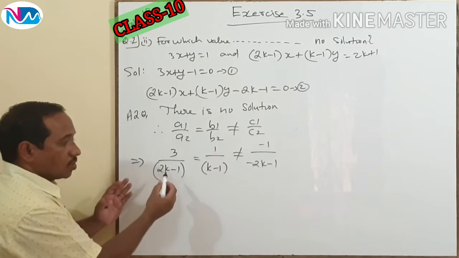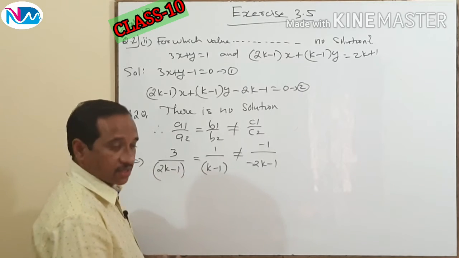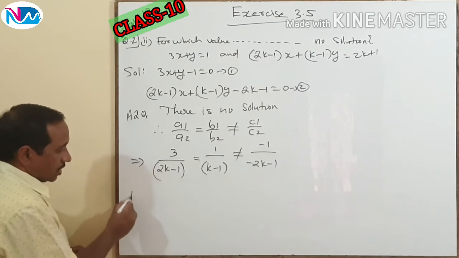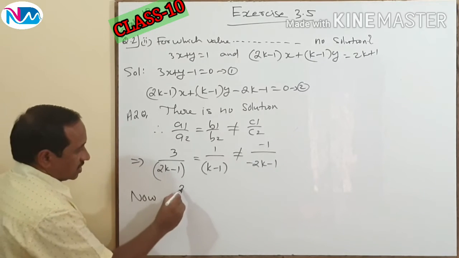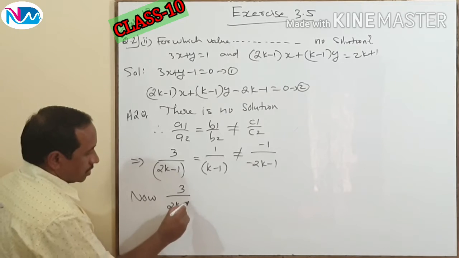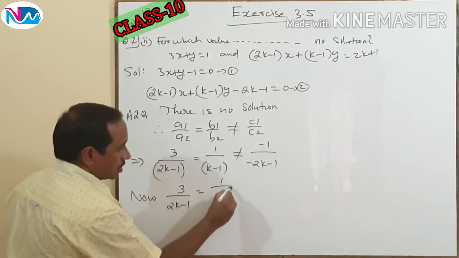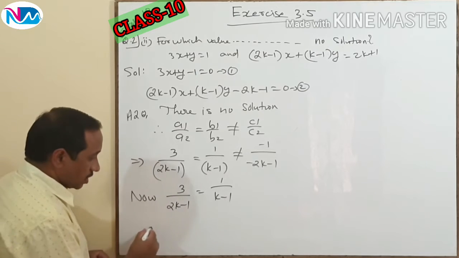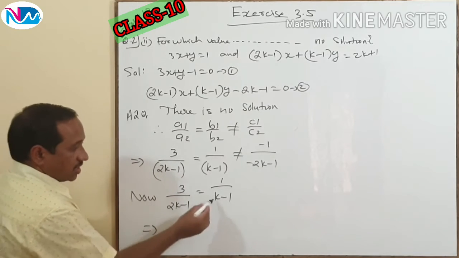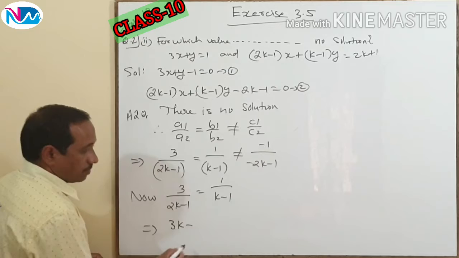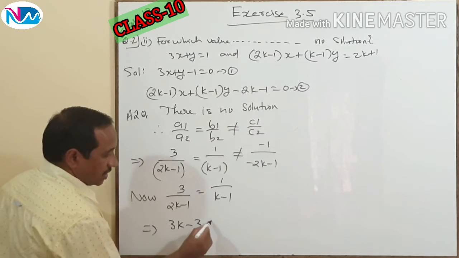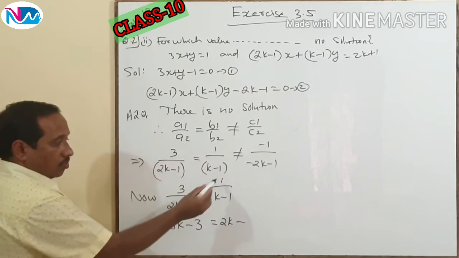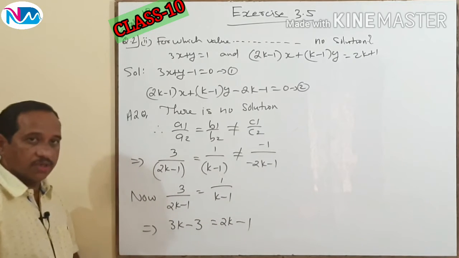Here, by taking the combination of the first and second, we will get an equation in variable k. Now, 3 divided by 2k minus 1 is equal to 1 divided by k minus 1. Cross multiplying, we get 3 into k is 3k, 3 into minus 1 is minus 3, is equal to 1 into 2k is 2k, 1 into minus 1 is minus 1.